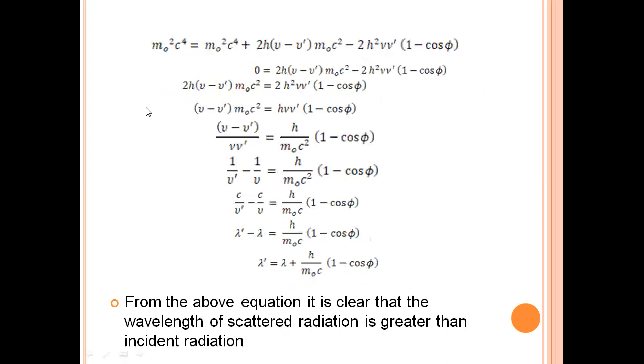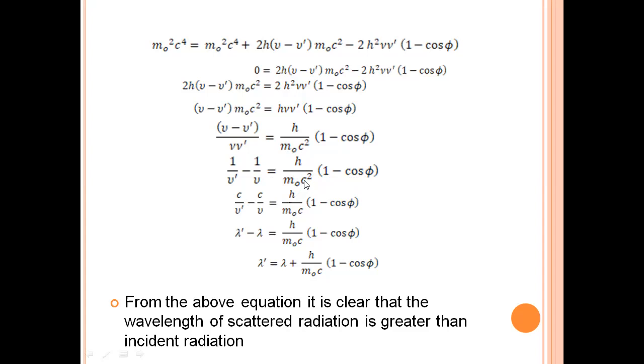So by cancelling them, you are left with two more terms on the right hand side, that is 2h into nu minus nu prime m naught c square minus 2h square nu nu prime into 1 minus cos phi. Just get the terms onto the other side and rearrange, you'll get c into 1 by nu prime minus 1 by nu is equal to h by m naught c square into 1 minus cos phi.